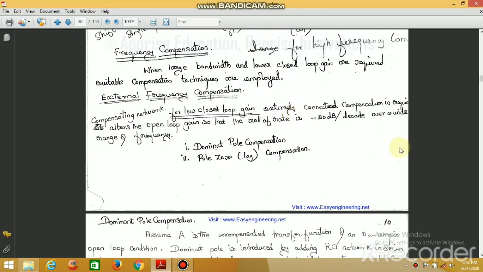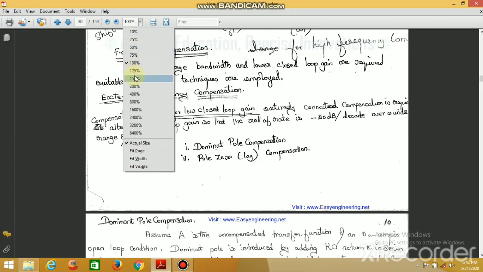Now we are going to discuss the compensation techniques for the AC characteristics. The main compensation techniques we are going to use here are the external compensation technique and the internal compensation technique. Especially in the external compensation technique, we are going to discuss the frequency compensation, because as the frequency increases, the gain decreases.